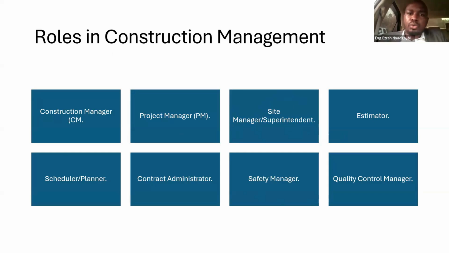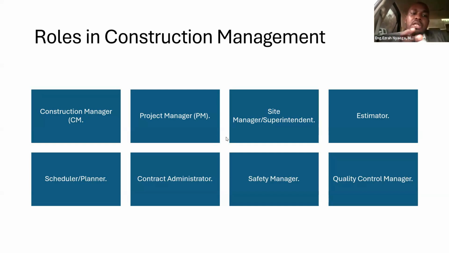And of course, we are able to highlight the differences. Someone may ask, what is the difference between the construction manager and the project manager? When you are talking about the construction manager, the view is that it can be you as an individual, or it can be from the firm aspect, where you are managing an entire organization or an entire firm in the construction sector.